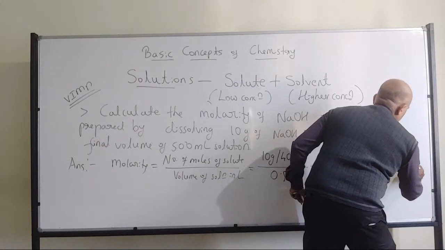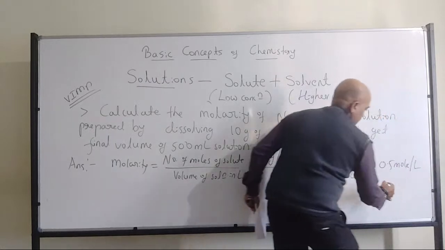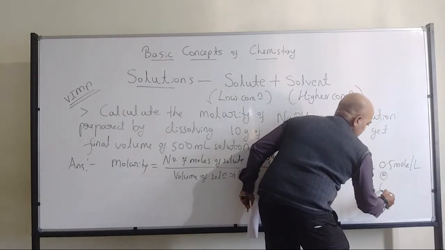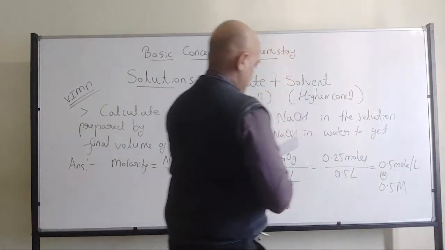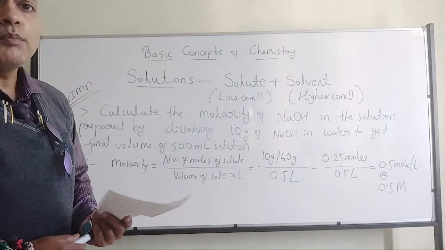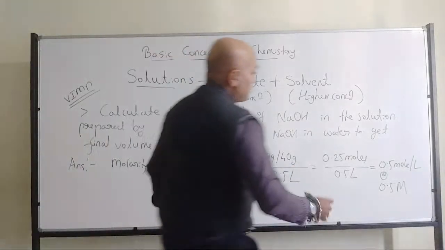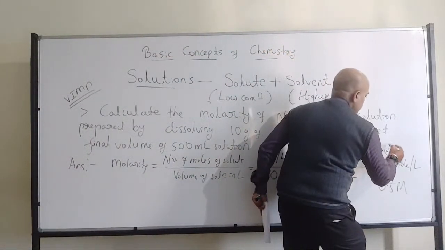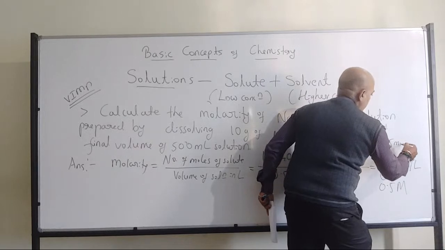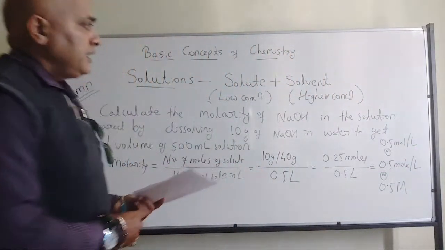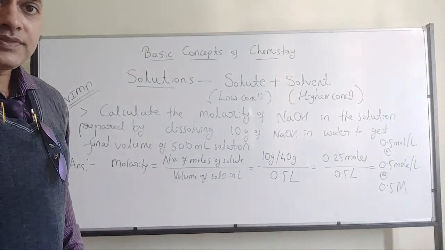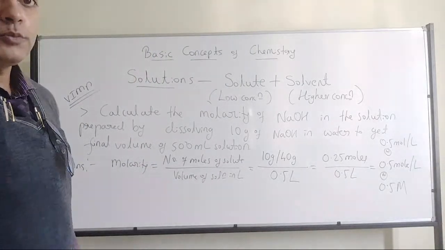0.5 mole per liter, or we can simply write it as 0.5 molar, capital M. Some people can write it as 0.5 mole per liter. That is also fine. Where they will not write the full word, but it's understood they are talking about mole.